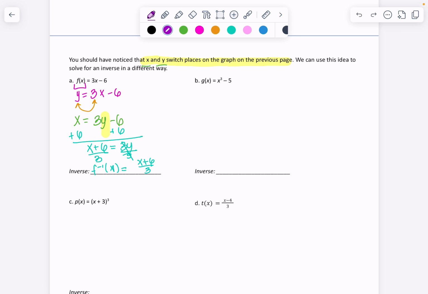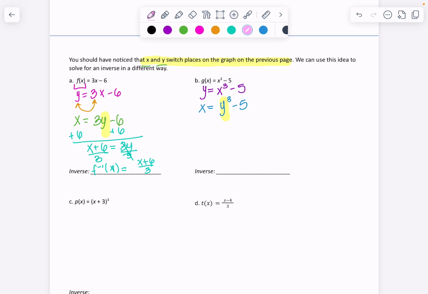All right, so on letter B, same sort of thing. We'll switch that function notation to make it look like x's and y's. And since we know that our x and y coordinates always switch places on our graph, we can switch our x and y in our equation. And again, our goal here is to get that y by itself now.